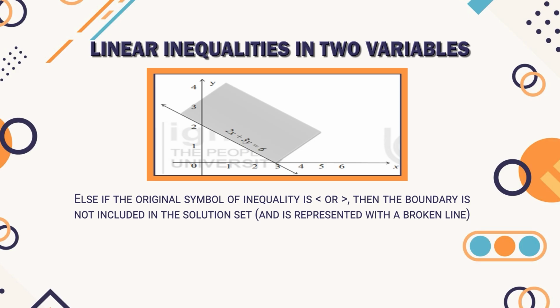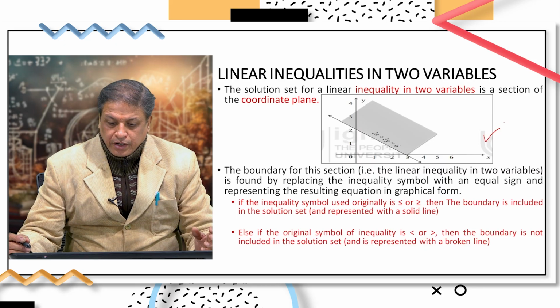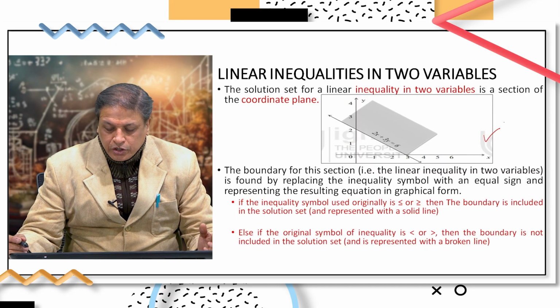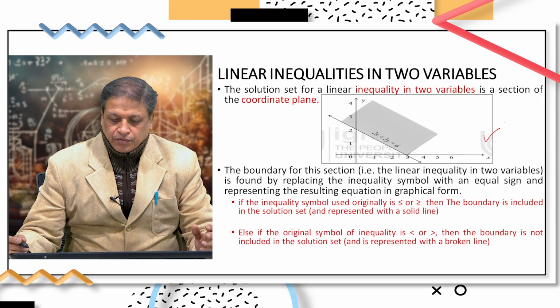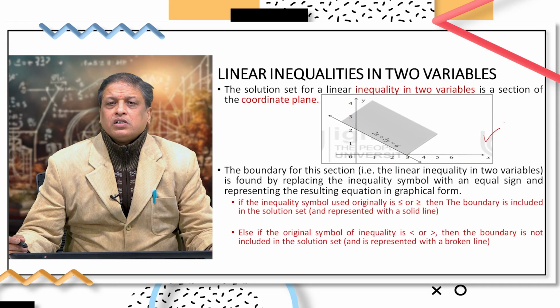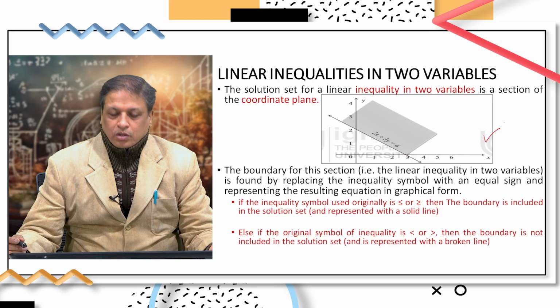A solid line represents that the points lying on the line are also included in the solution of the inequality. Over here we have shown a graph of the equation 2x plus 3y is equal to 6. In order to find the graph, we will discuss in the upcoming slides the steps explaining how to draw the graph.